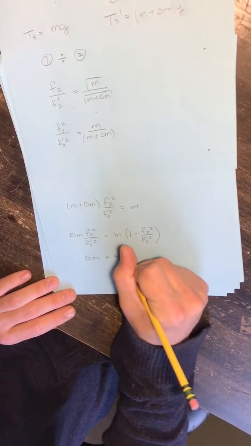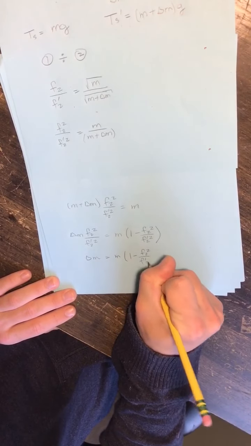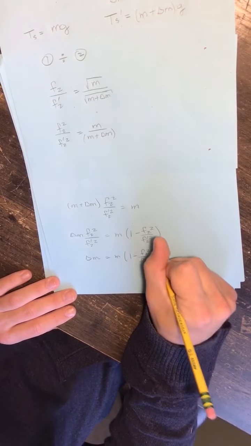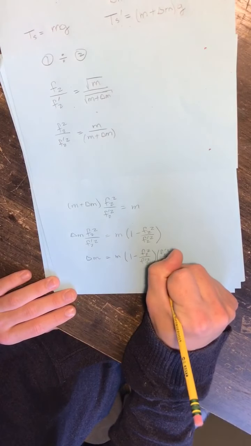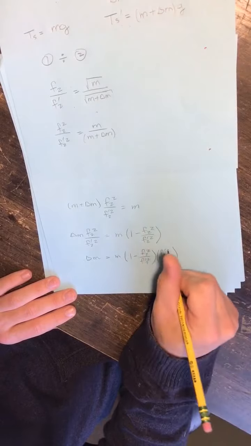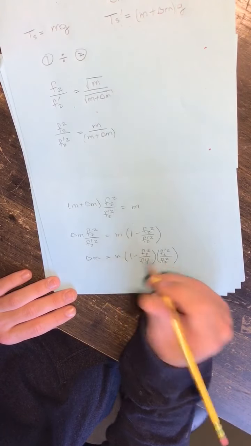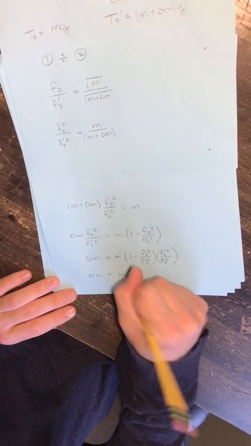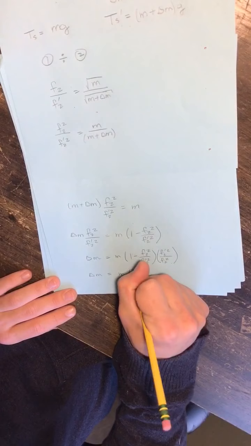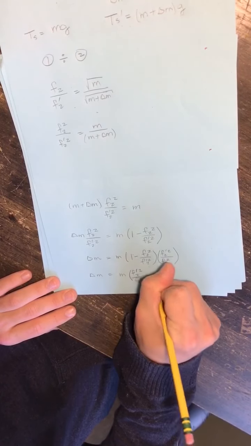On the right-hand side, we get m times 1 minus F2 squared over F2 prime squared, and then we have times F2 prime squared over F2 squared. So these guys are going to make a 1, and this guy is going to end up over here on the left. So we get that delta m is equal to m times F2 prime squared divided by F2 squared minus 1.